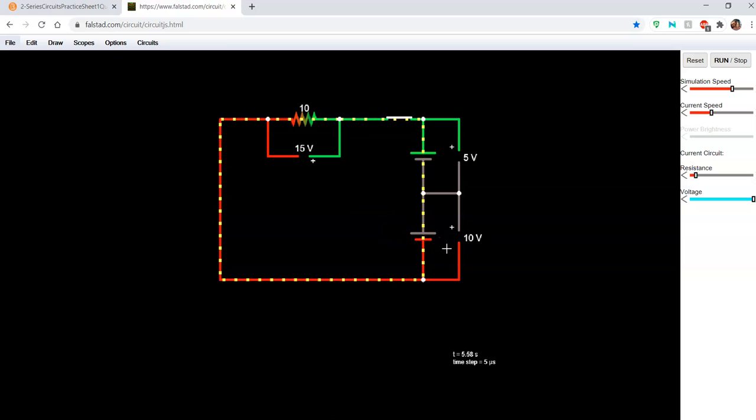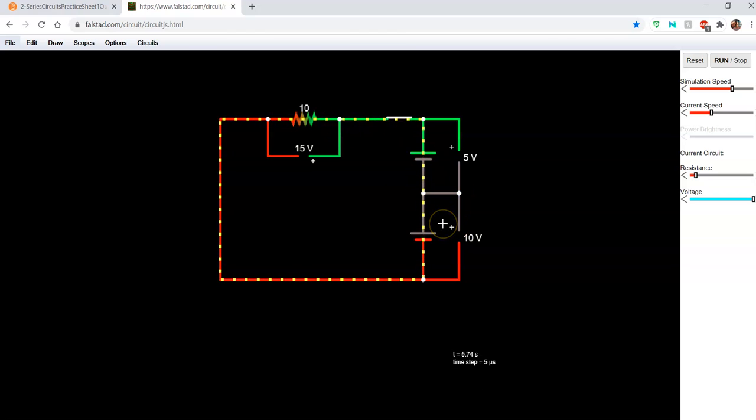And this is something that we often find in household items, like remote controls and flashlights and things like that, where we have additive polarity in order to get a higher voltage through the load.